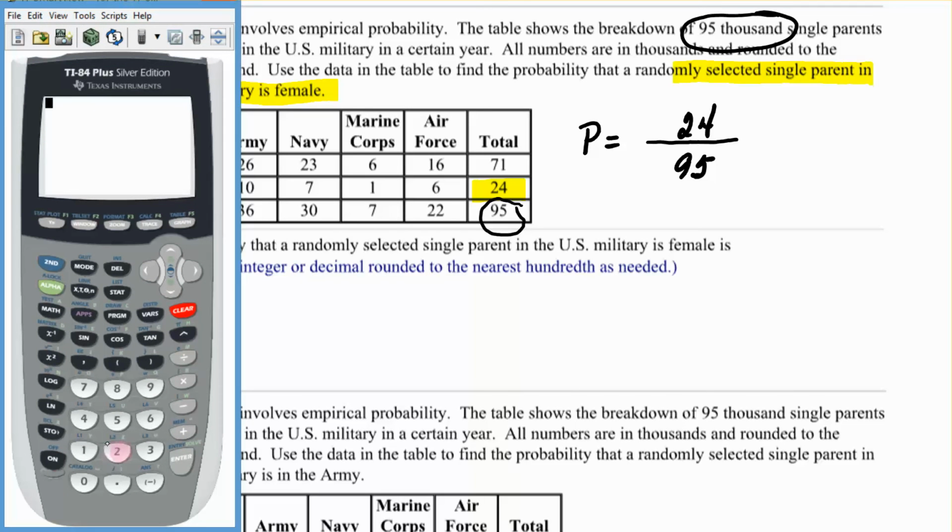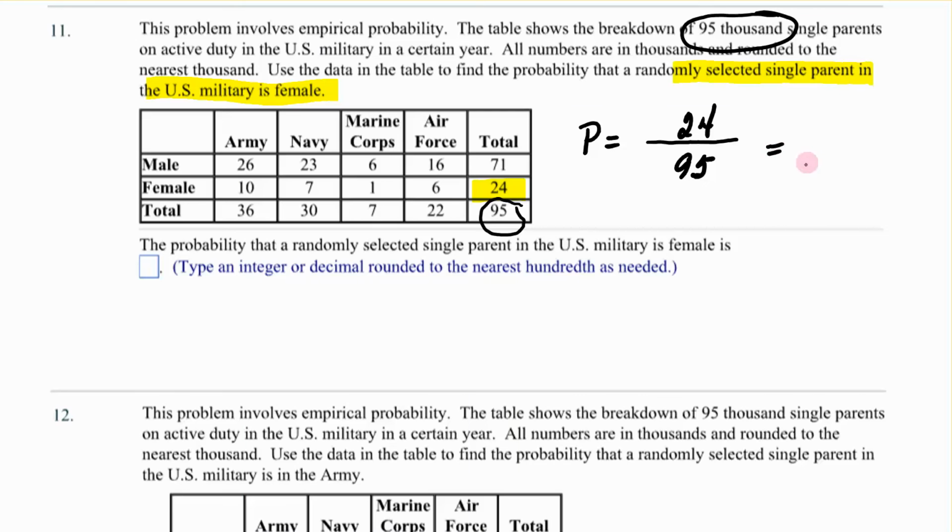Okay, I have 24 divided by 95, and it says round to the nearest hundredth as needed, so this is 0.25. As a percent, it does not ask for a percent, but as a percent, it would say that about 25% of these single parents are female in the military.